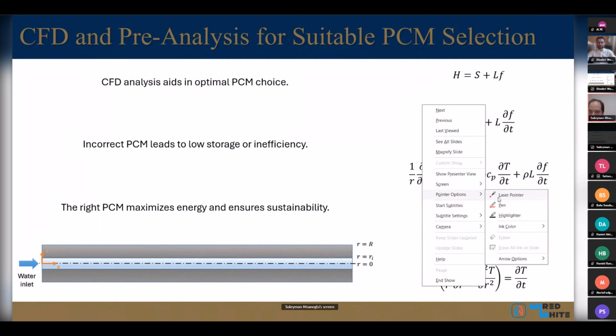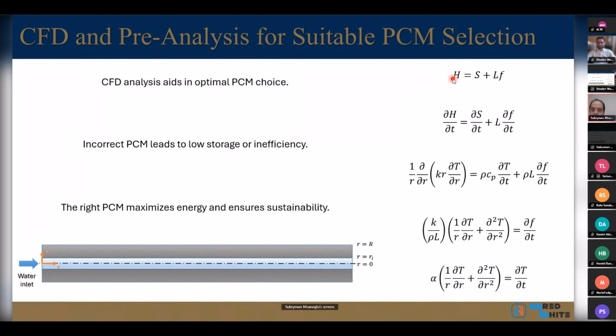Here, total enthalpy is a function of sensible enthalpy and latent enthalpy times f. The f parameter is liquid fraction. Then the enthalpy change in time is here. That is the total differential equation for us.